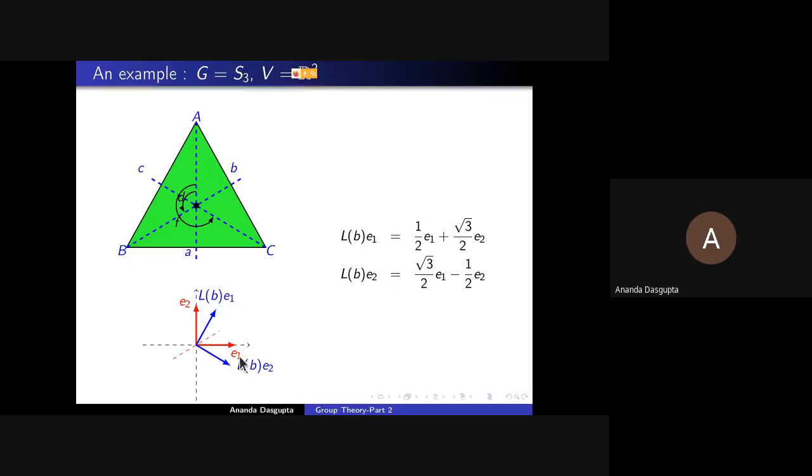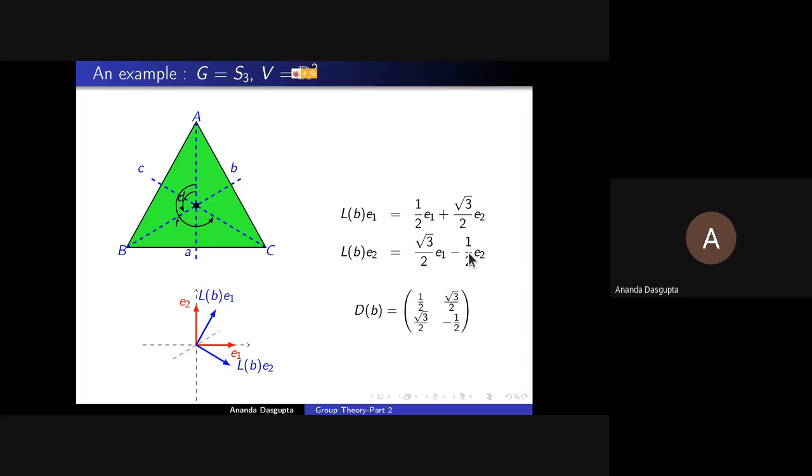So that's LB E2. It takes a bit of simple trigonometry to figure out that these are half and √3/2 factors respectively. I would urge you all to check that I'm doing this right, but this is pretty straightforward. So what you get is 1/2, √3/2 for the first column, and √3/2, minus 1/2 for the second column.